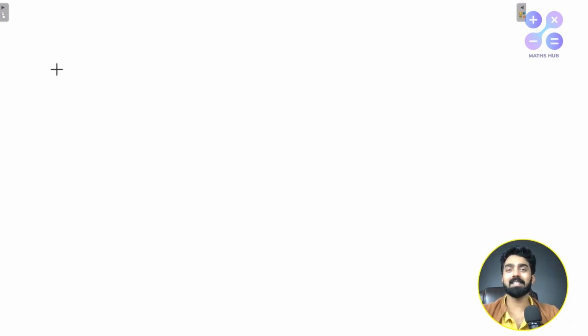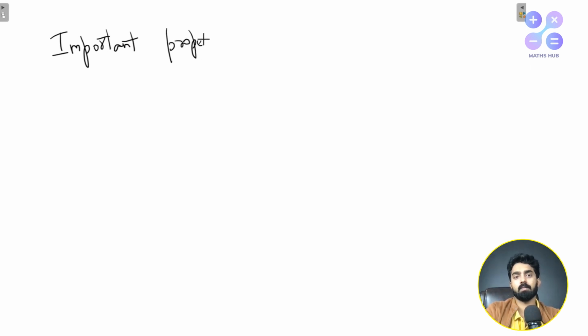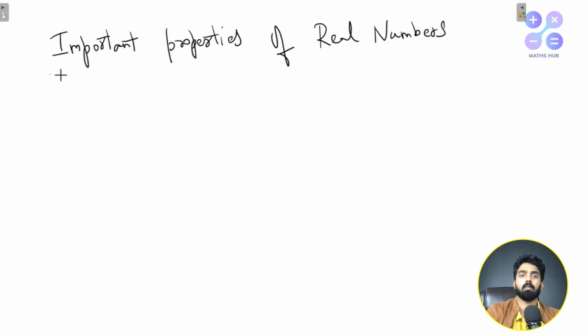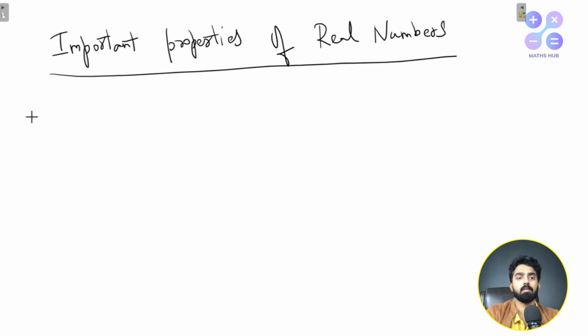Great. Now let's look at some important properties of real numbers. The first property we'll be talking about is the commutative property.